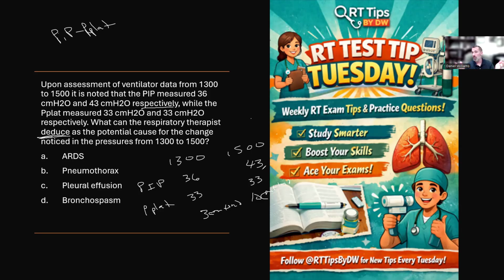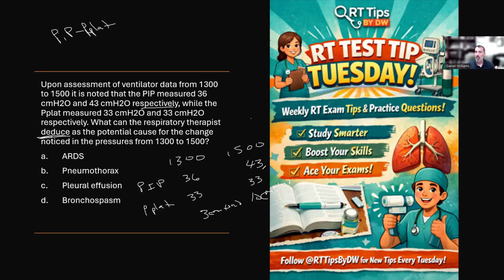What we're seeing here is quite different than that. We're seeing that our plateau pressure remains relatively stable. So for all intents and purposes, we can deduce that our static compliance is for the most part unchanged, but yet we're seeing a significant increase in our peak inspiratory pressure. That is the hallmark of an increase in airway resistance.